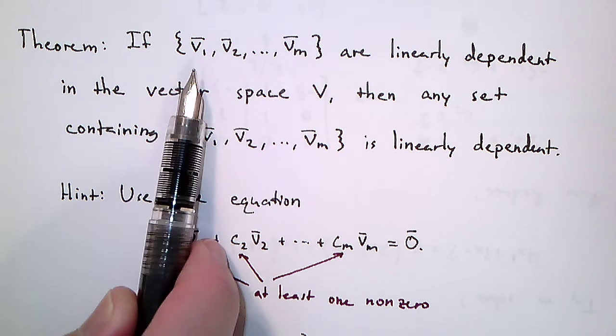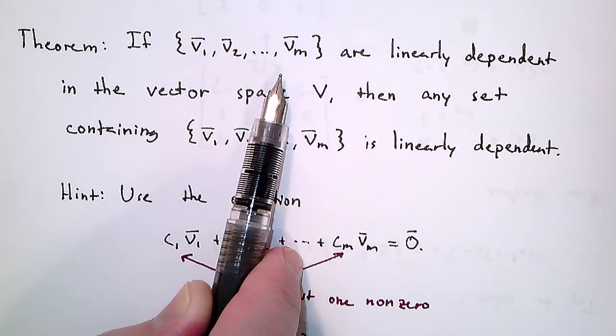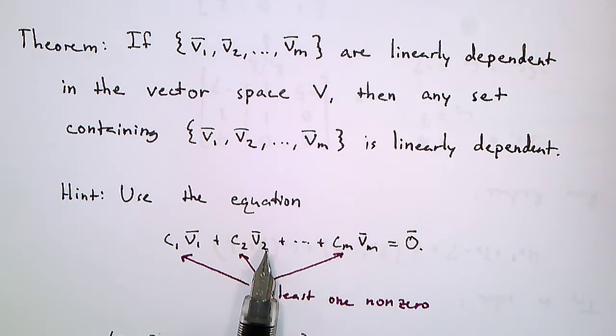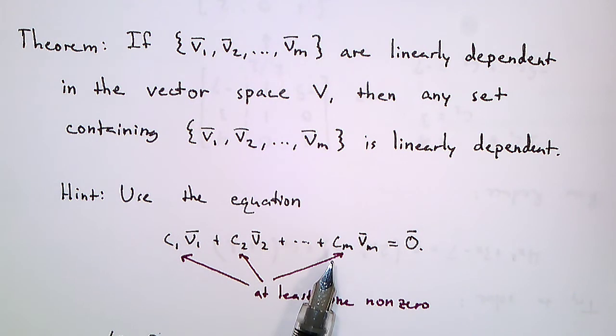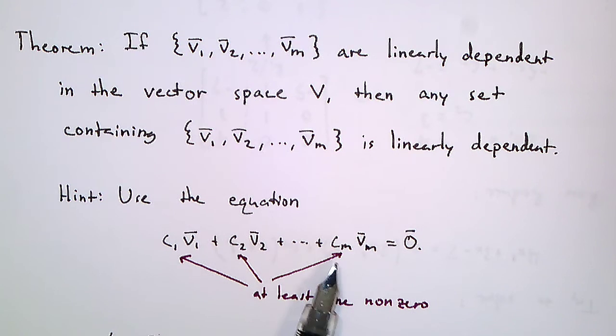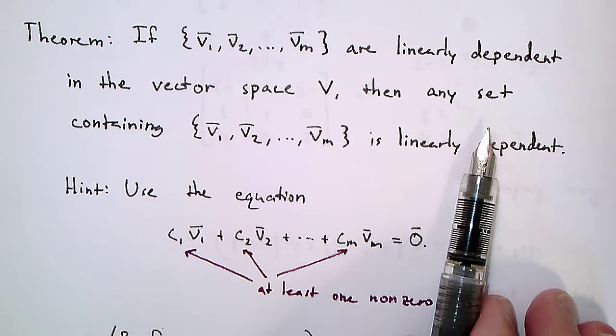So I have a linear combination of the original set of vectors, set equal to 0, and we know that this has a solution where at least one of these vectors has a non-zero coefficient. So you're going to need to use this fact when you look at your other set.